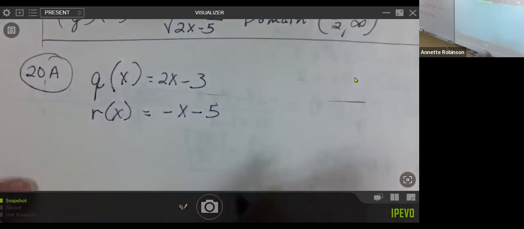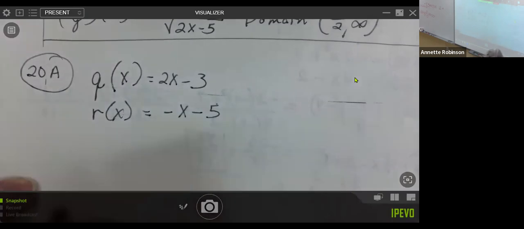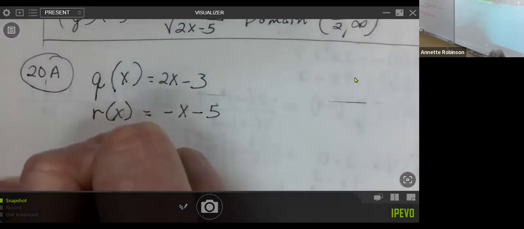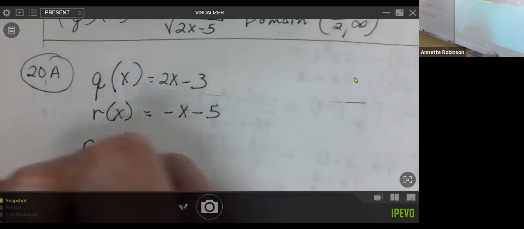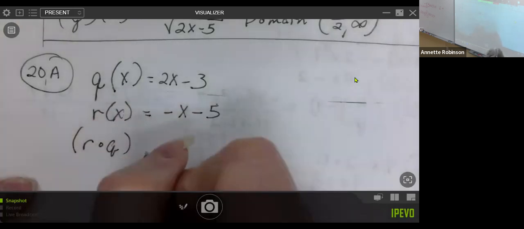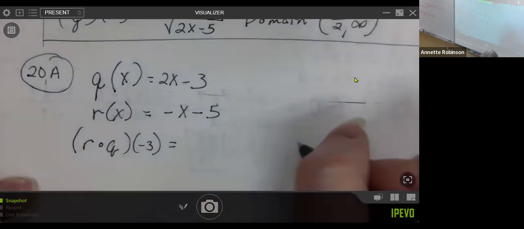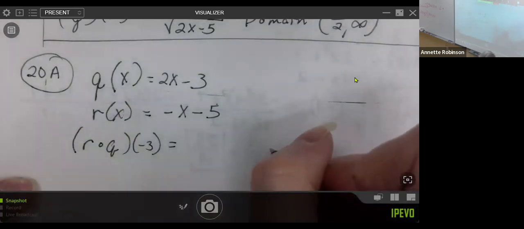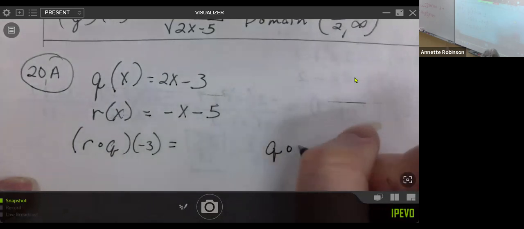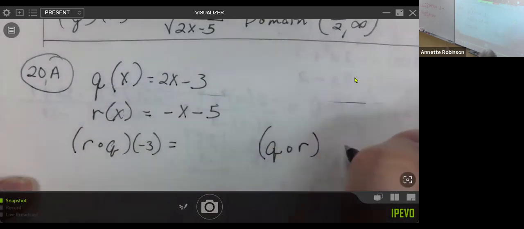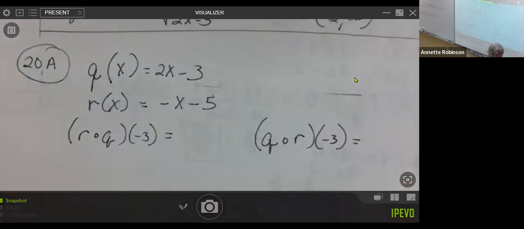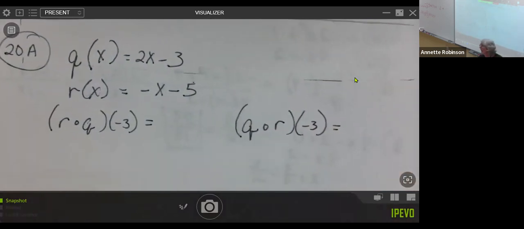And they ask me in the first part of the box to do r composition q of negative 3. And then they're going to ask me to do q composition r of negative 3. So this is two separate problems. Plug in backwards.